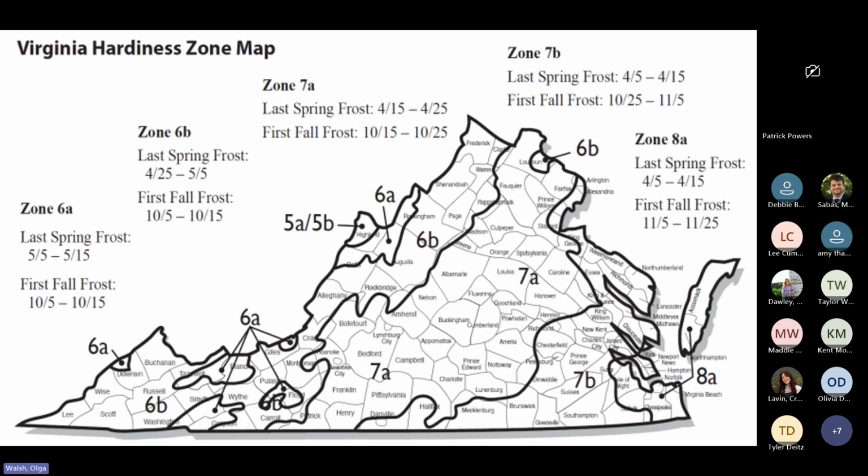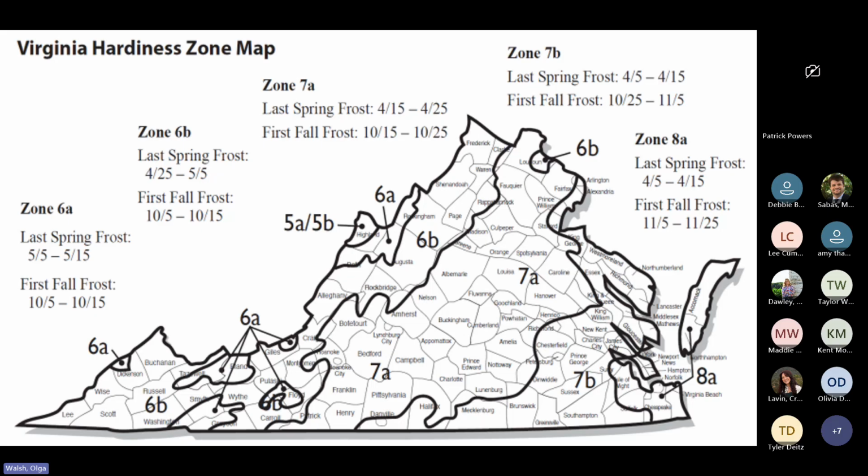So this is the hardiness zone map that shows how planting dates could be affected, and of course these are typical dates. So let's look at zone 7A, for example.